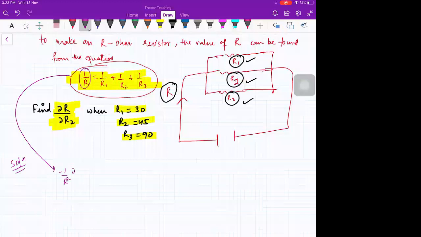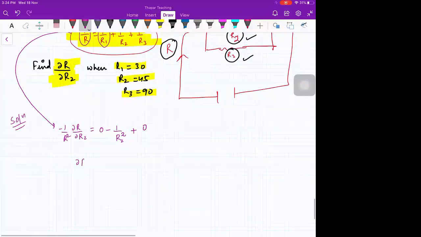Minus 1 by R square into curly R by curly R2 will be equal to 0 minus 1 by R2 square plus 0. So your answer is curly R by curly R2 is R square upon R2 square.